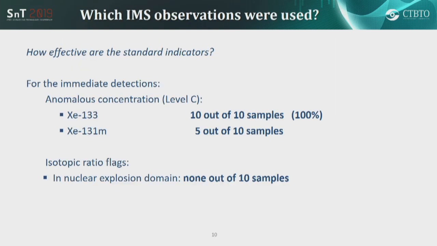Now, what kind of observations were made use of? For the immediate detections that were not done in scientific studies that came out a year or three or how many years later, the immediate signatures that led to the conclusion that the test caused a signature in the IMS system are the level C concentrations, so anomalous high concentrations of one or two isotopes.